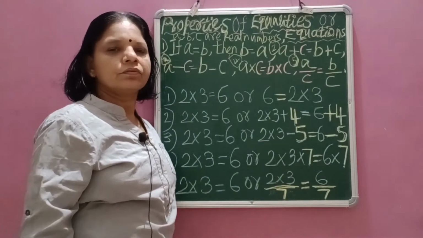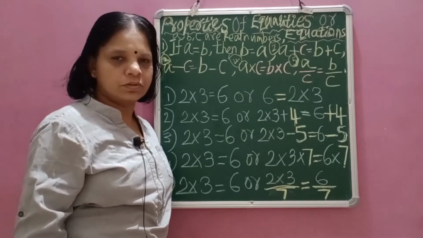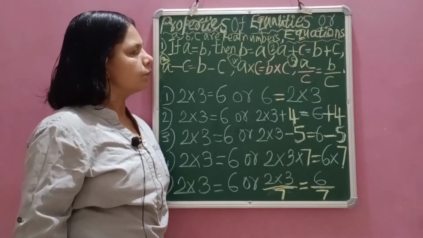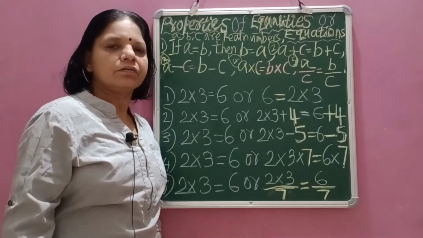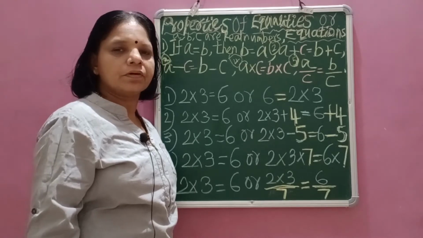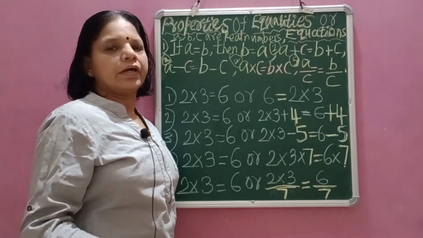Then also the value of the equation is unchanged. It will be equal, only LHS equal to RHS. That is the second property. We can add the same number or expression to both the sides of an equation.